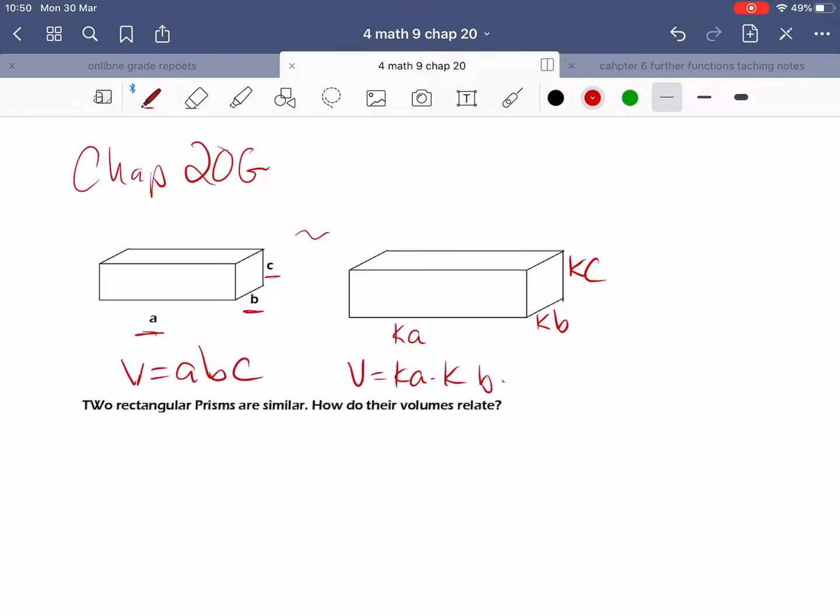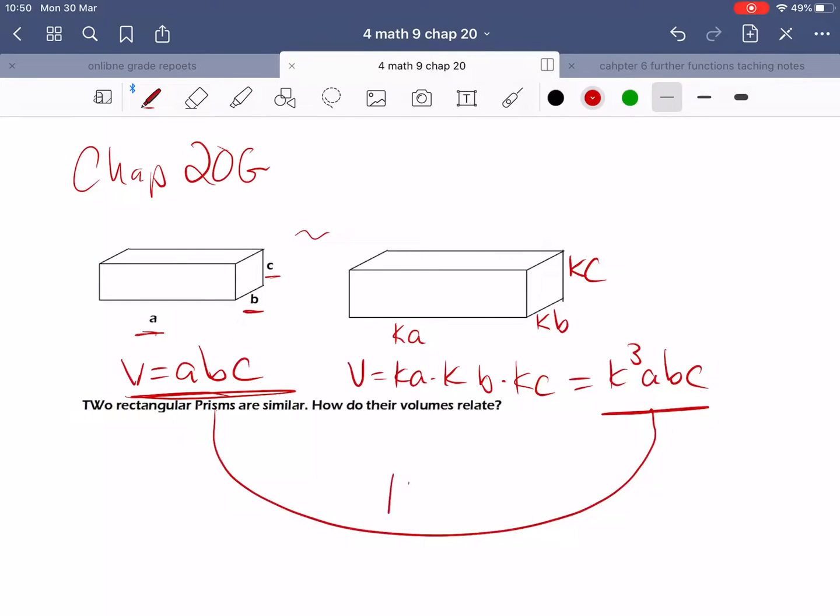The volume of this one is KA times KB times KC, which is K cubed ABC. So to go from this volume to this volume, we multiply by K cubed. Okay, the volume of this shape by K cubed. So this is how these relate. They have to be similar for these to relate.